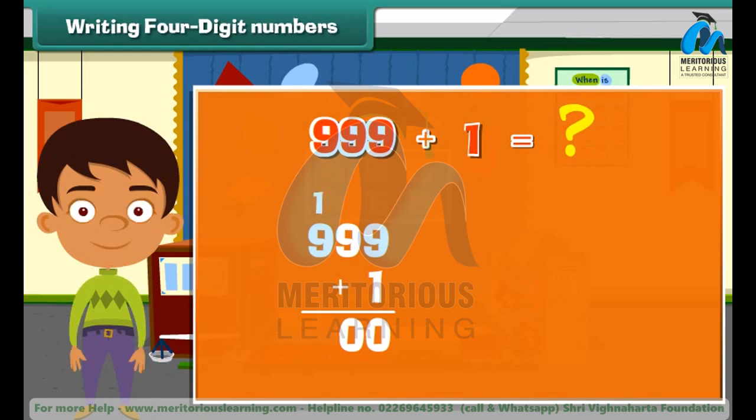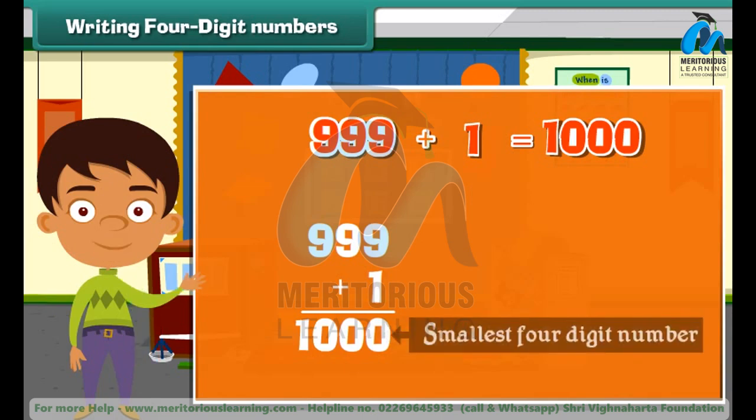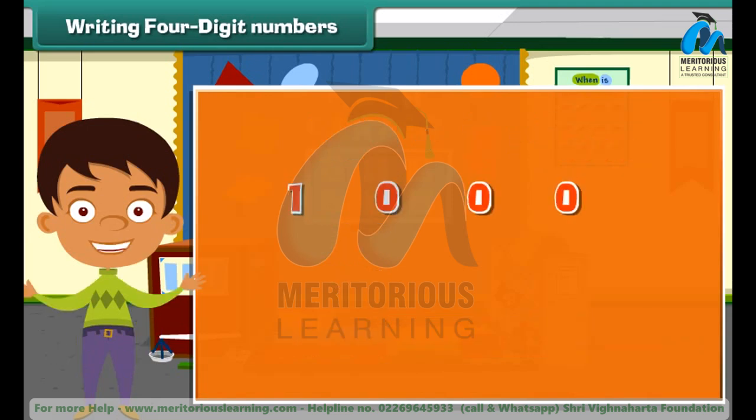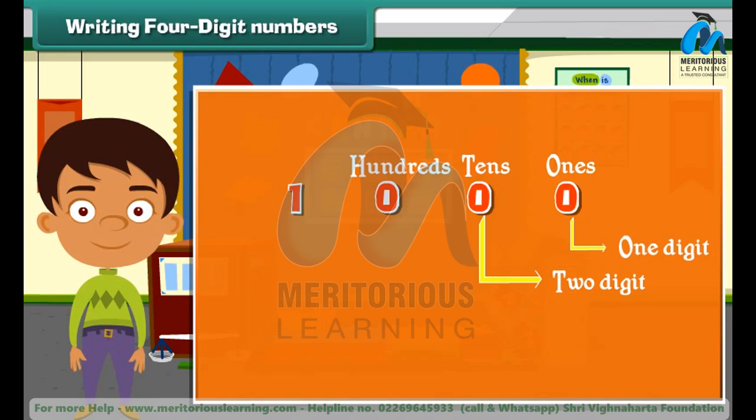Again, 9 plus 1 is equal to 10. Write 10. 999 plus 1 is equal to 1,000. 1,000 is the smallest four-digit number. A four-digit number has four places. Starting from the extreme right, there are ones, tens, hundreds, and thousands.